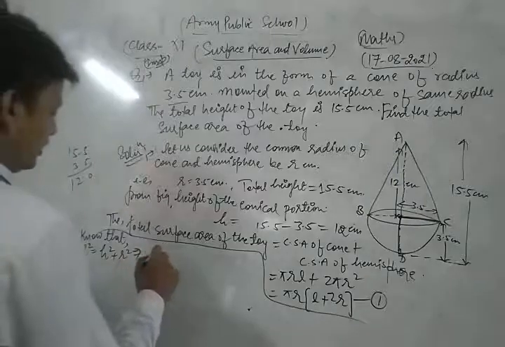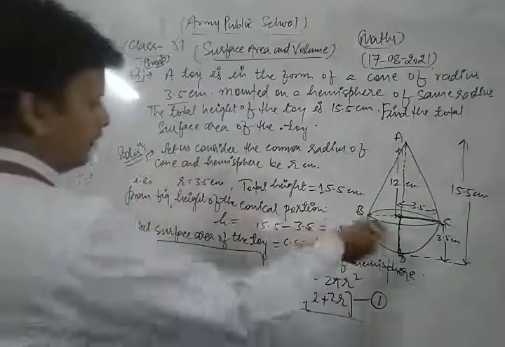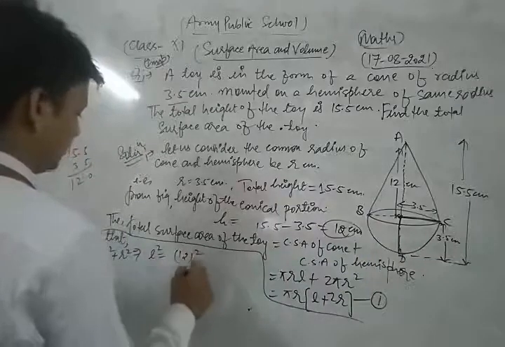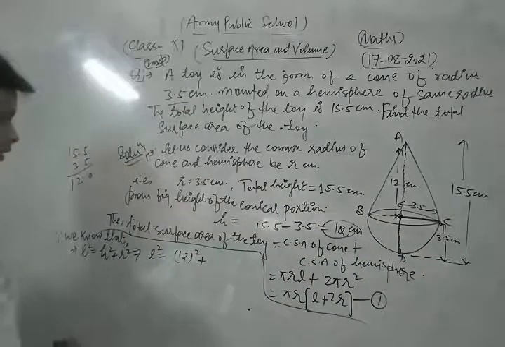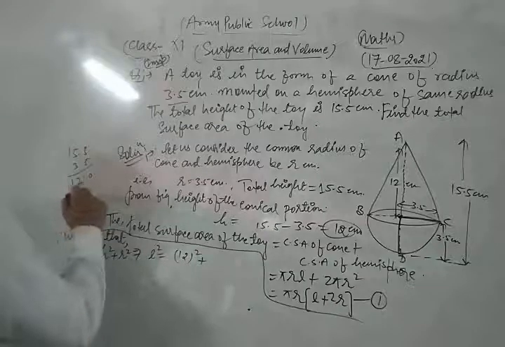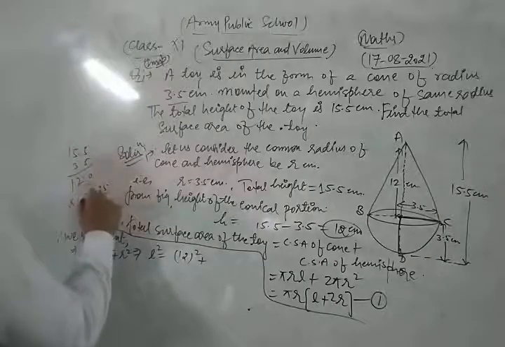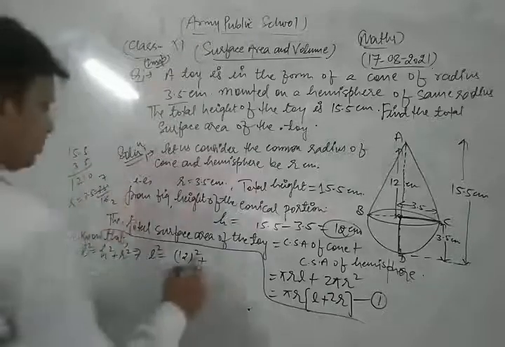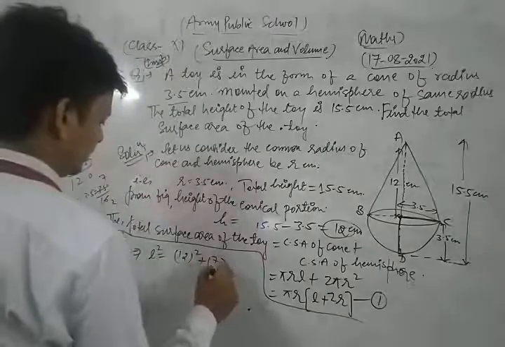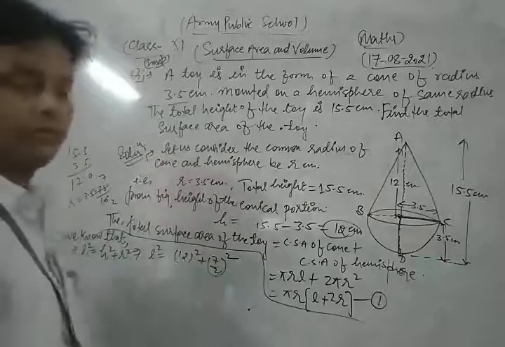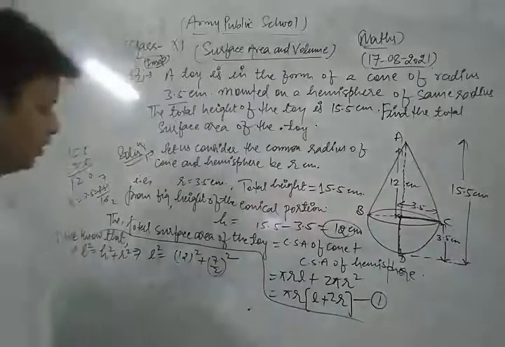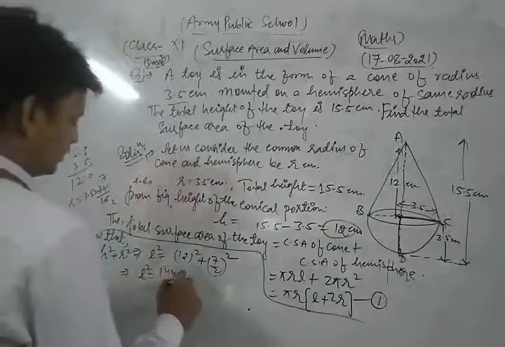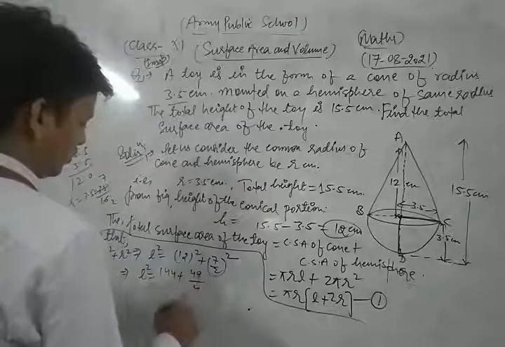So L square is equal to H, which is 12, so 12 square, plus R, which is 3.5, so we can write 35 upon 10, that is 7 upon 2, whole square. We write it in fraction. Now we simplify them. So L square is equal to 144 plus 49 upon 4.